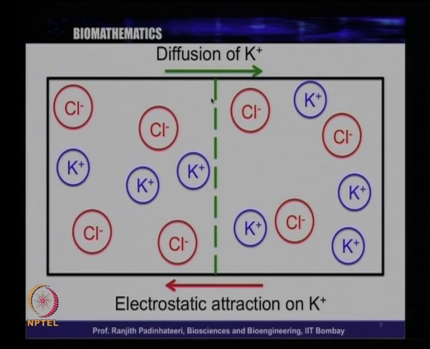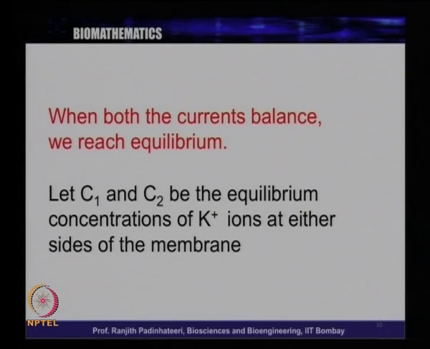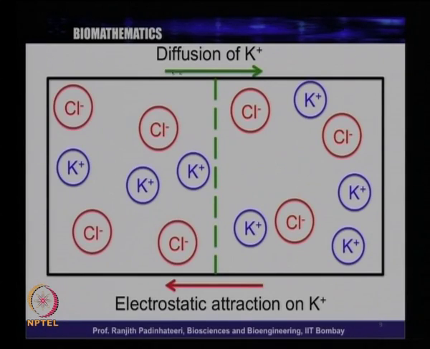So, there will be two flows, this way and this way. When both flows balance, that means the flow this way is equal to the flow this way, the total flow is 0. So, when the flows are equal, the total flow is 0, because it's flowing this way and flowing in this way.